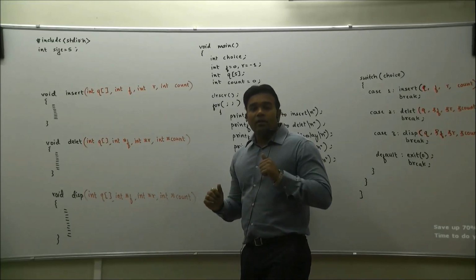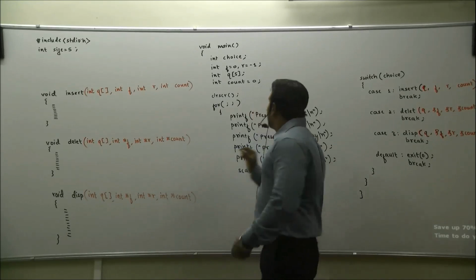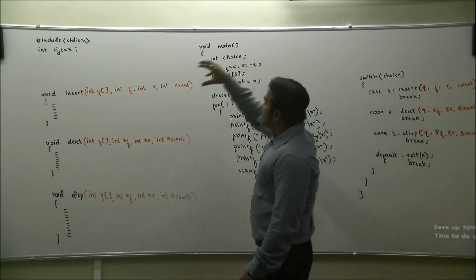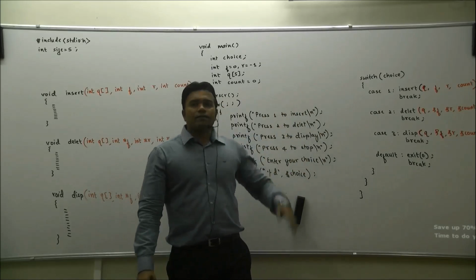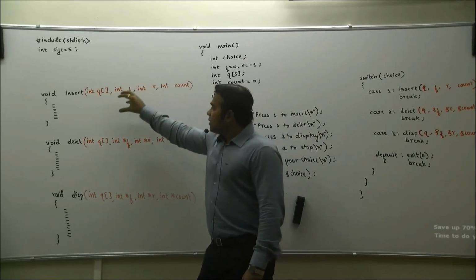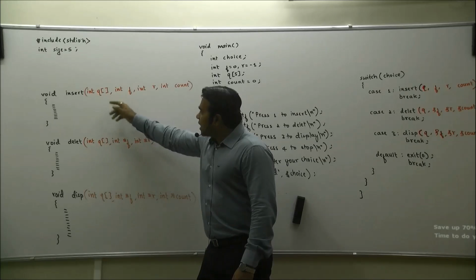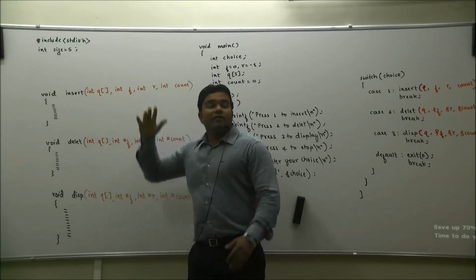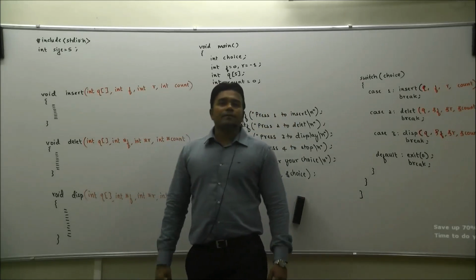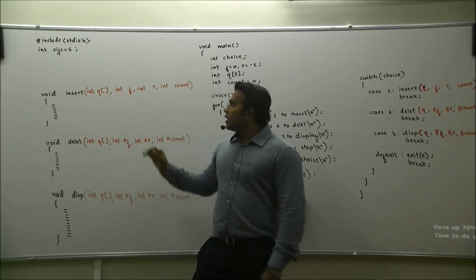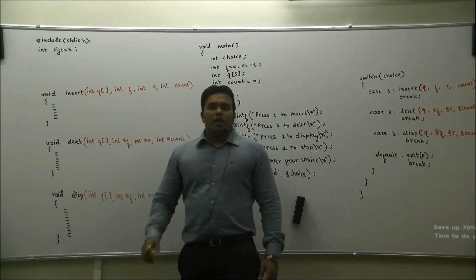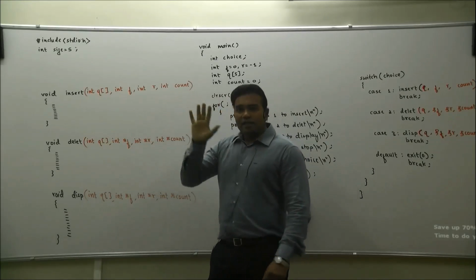What did I tell you? In pass by value, you are calling this. So this is the called function. This is the calling function. If you pass by value, any change you make here will not get reflected back in the main function. You only think, in insert, is not my count value going to get changed?